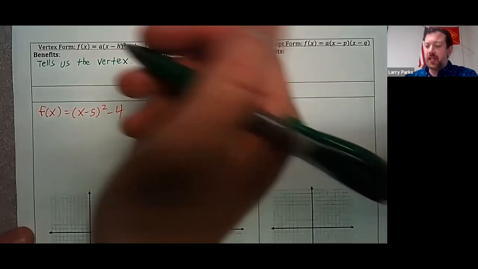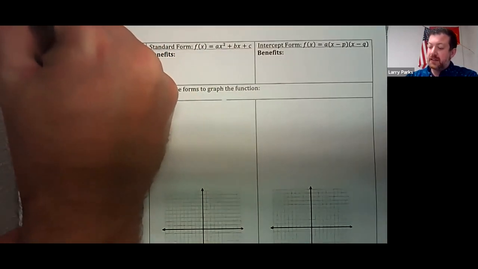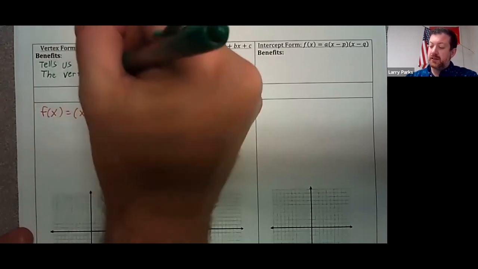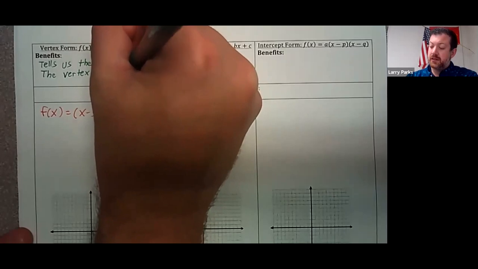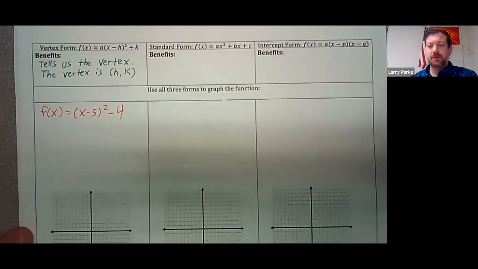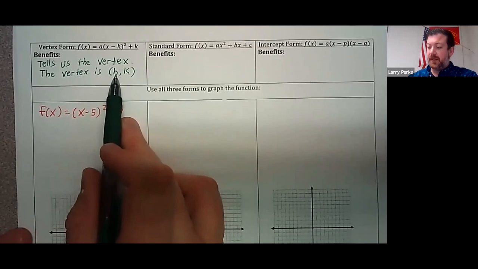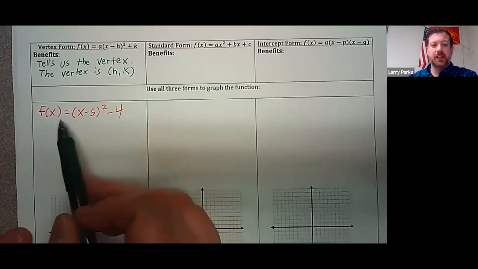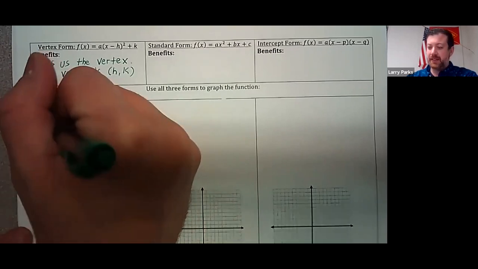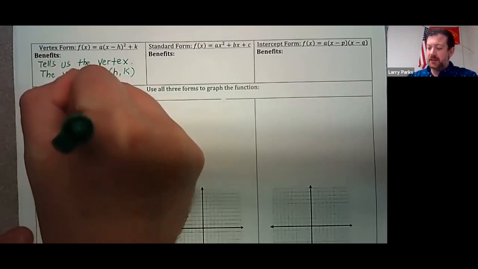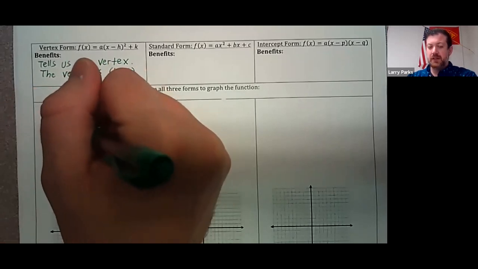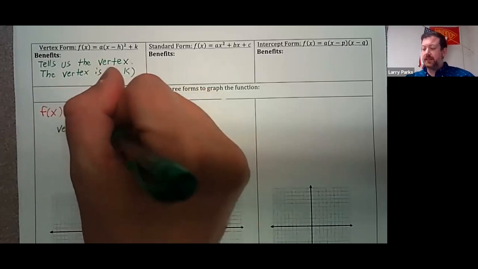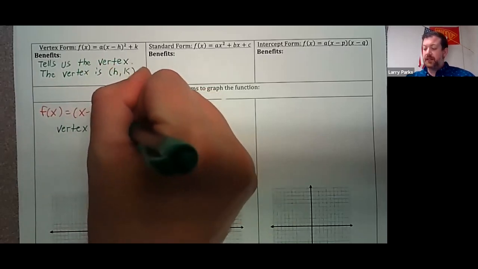The vertex is (h, k). So looking at that, h would be 5, k would be -4. So in this form, I know the vertex is (5, -4).